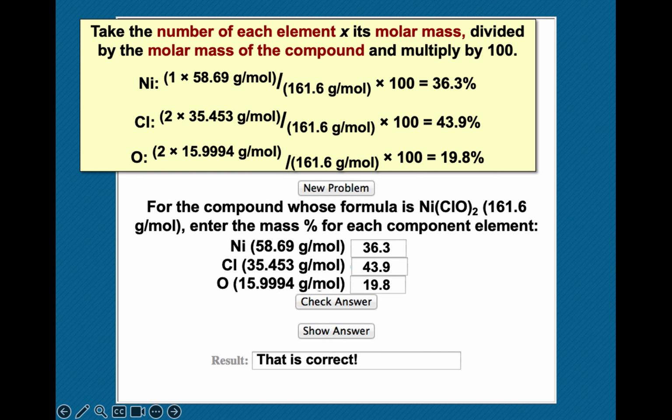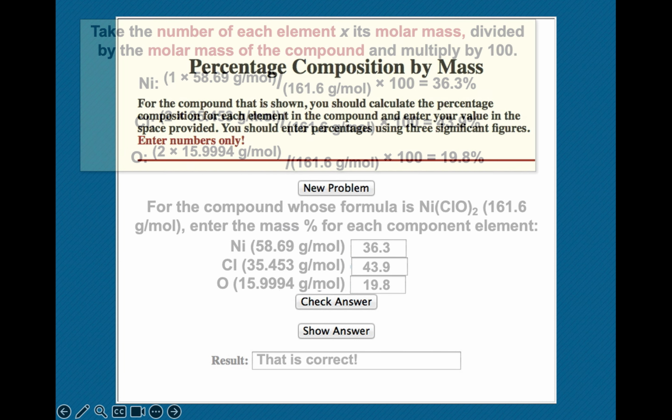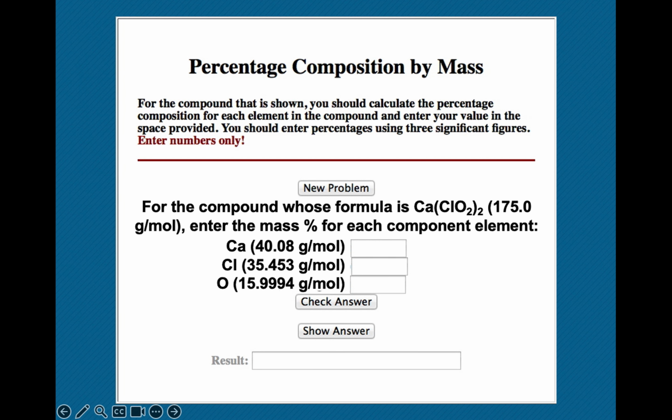Wasn't quite what I was looking for. I'm much more lenient than Blackboard is. Blackboard will mark you wrong. So please, just do them and put down whatever you get. One more. ClO2 is what?